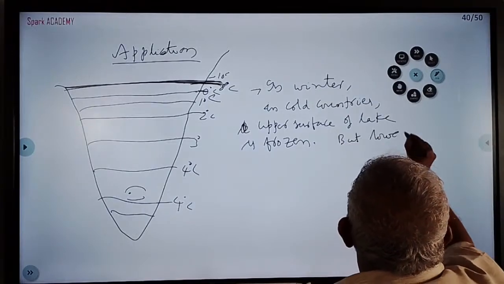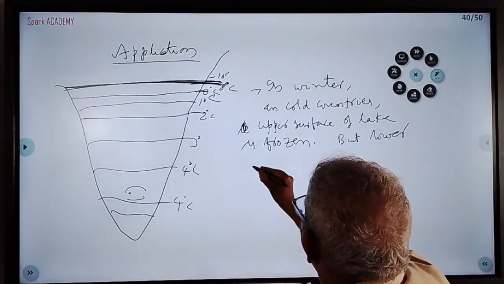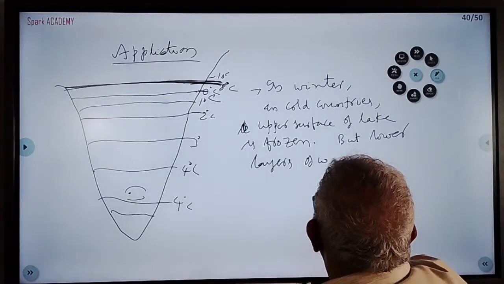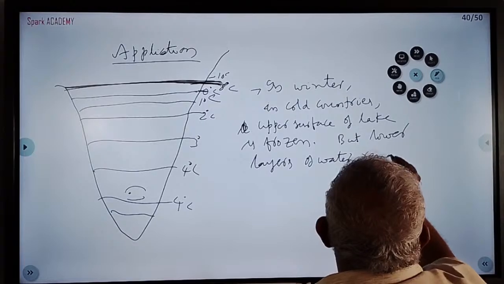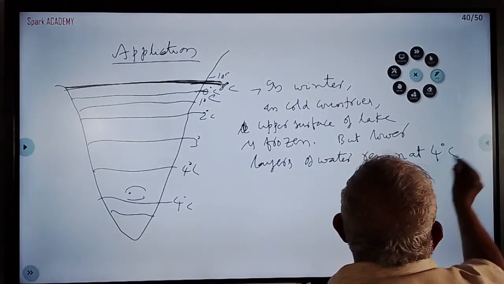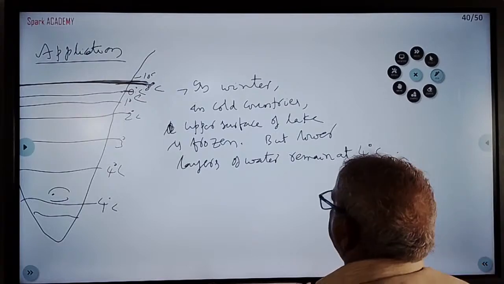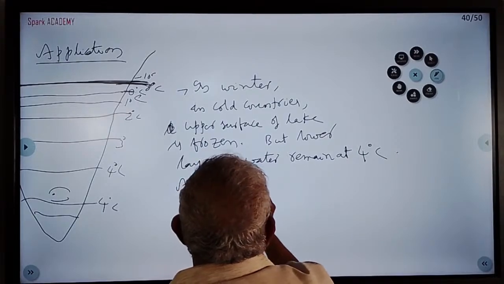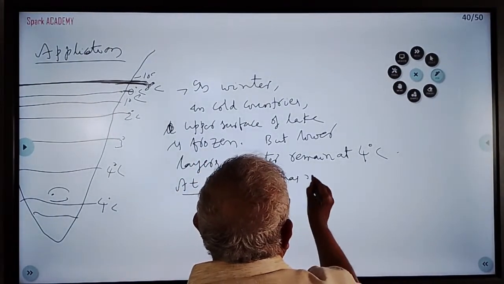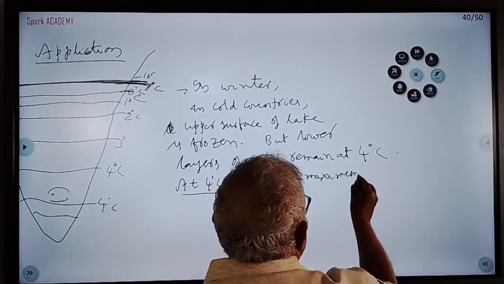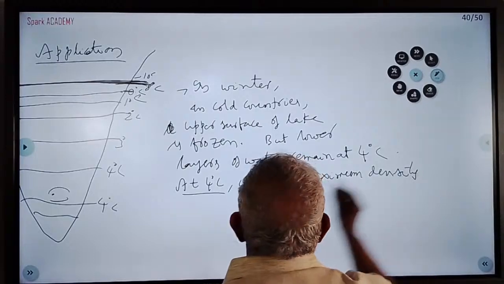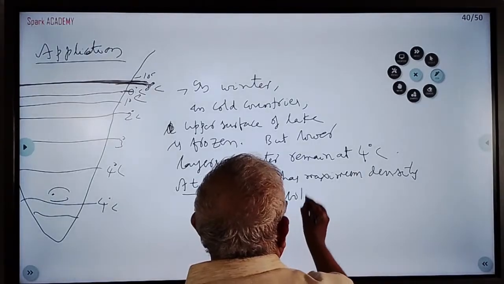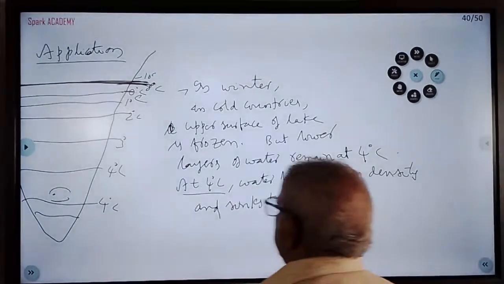But the lower layers of water remain at 4 degrees centigrade. As at 4 degrees centigrade water has maximum density, it sinks to the bottom, even though the upper surface is frozen.